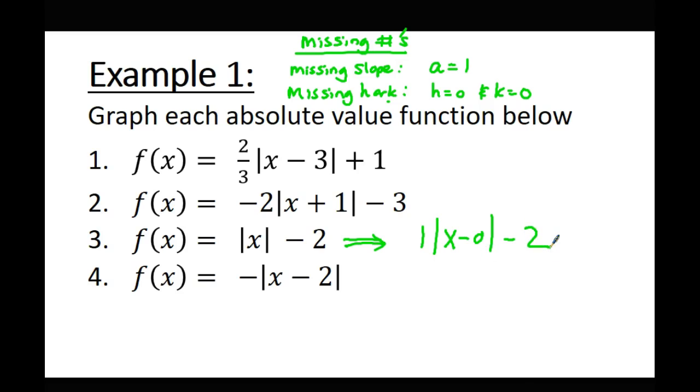So since we're missing our slope, it's 1. And since we're missing the h, it's 0. So now we can see that our vertex would be 0, -2, good. And my slope is 1. So that means I'm going to go over 1, up 1 to the right, over 1, up 1 to the left. So 1 over 1.